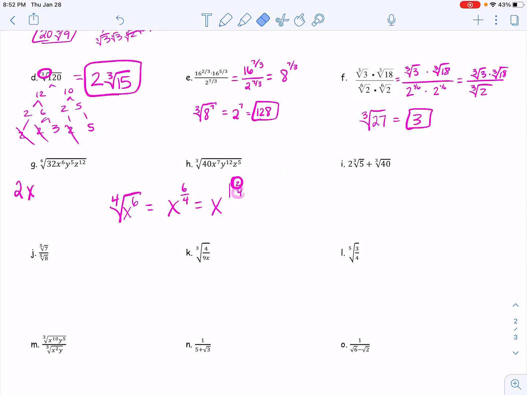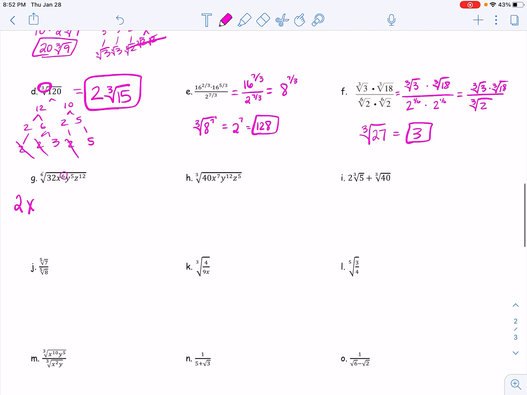Maybe not simplify it. That might confuse you. We want to leave it as 2 over 4 because it's still going to be the 4th root. Okay. So if you can take the number of the root from the exponent, one whole thing comes out. Or maybe 2 whole things come out. Or maybe whatever.